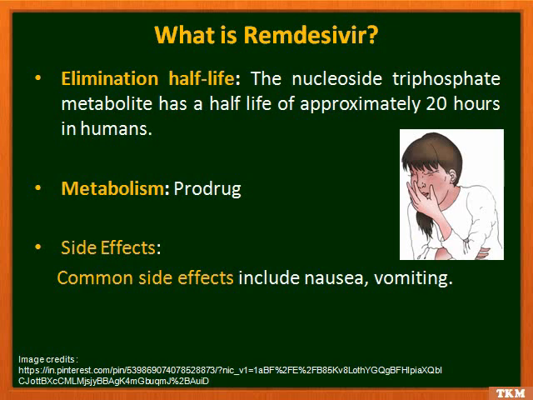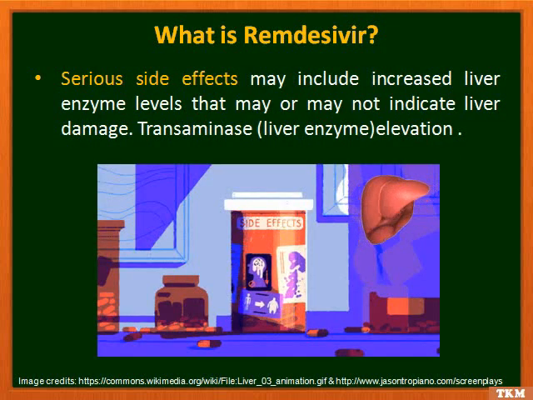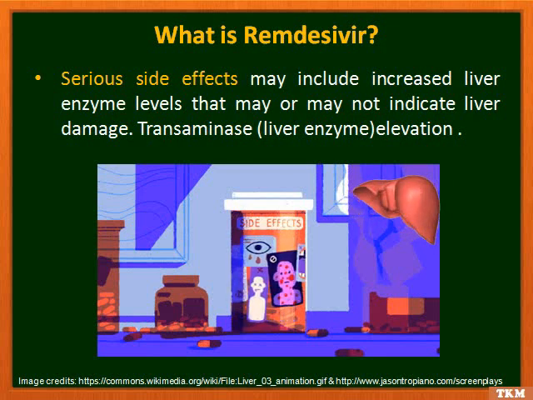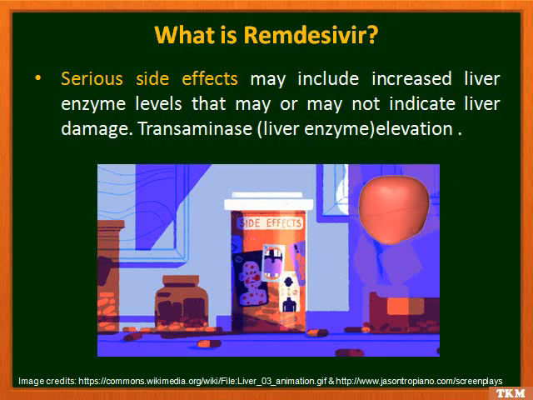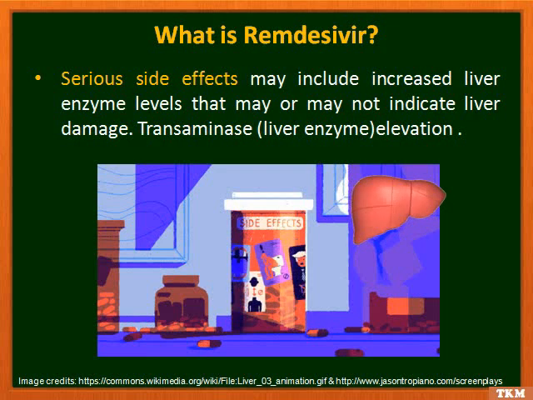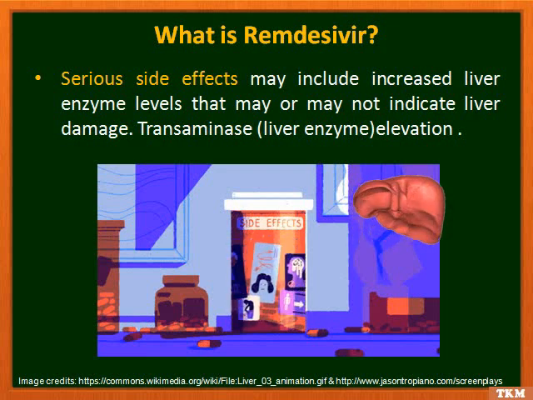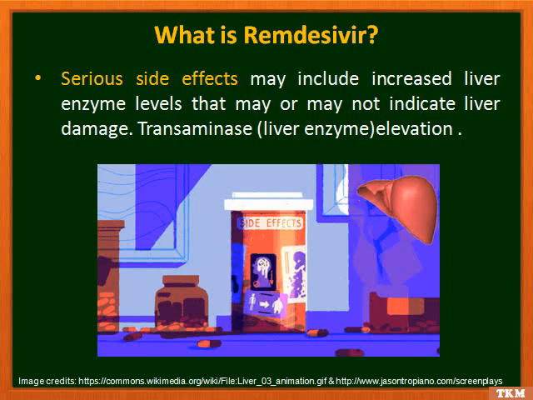Side effects: common side effects include nausea and vomiting, and serious side effects include increased liver enzyme levels that may or may not indicate liver damage. That is, we can see an elevation in levels of transaminase. It is a type of liver enzyme.